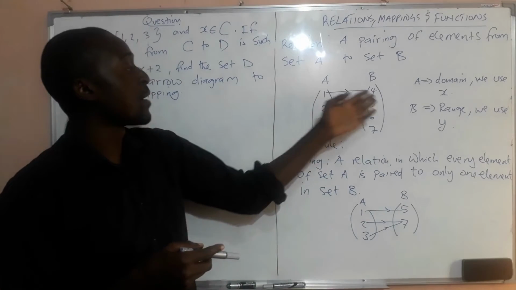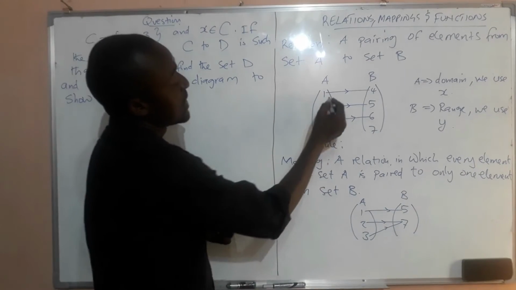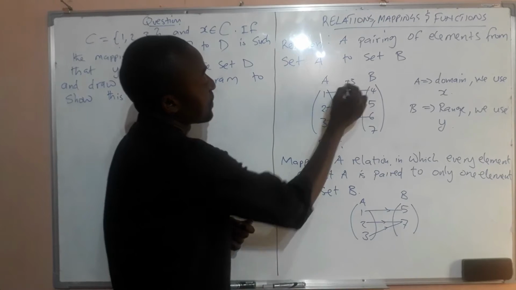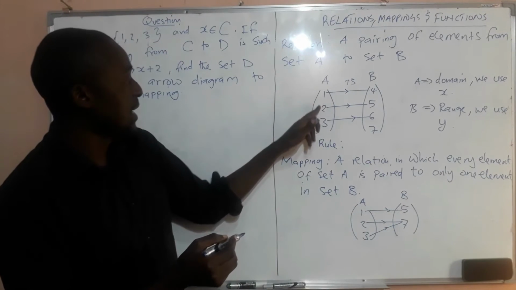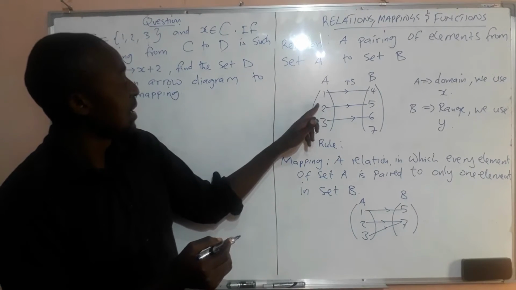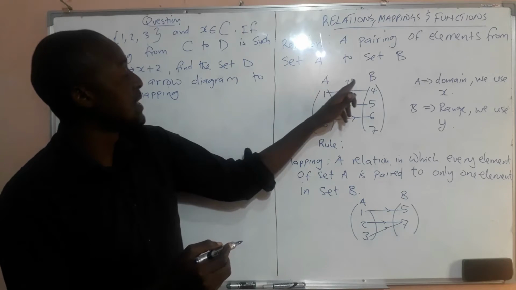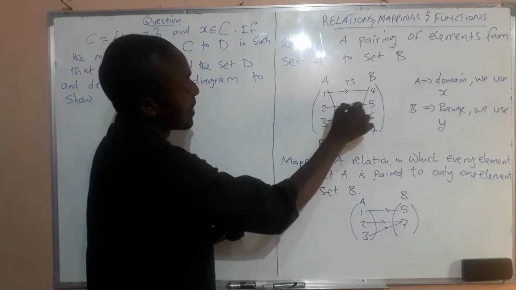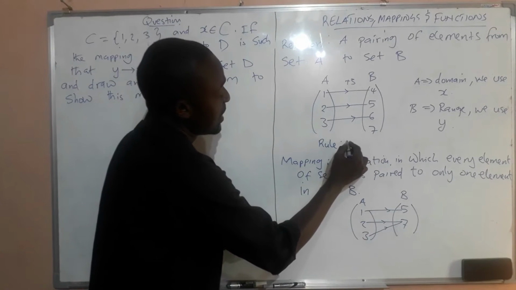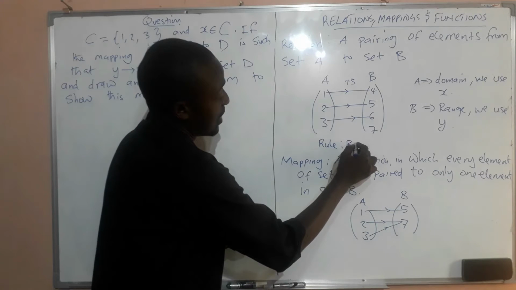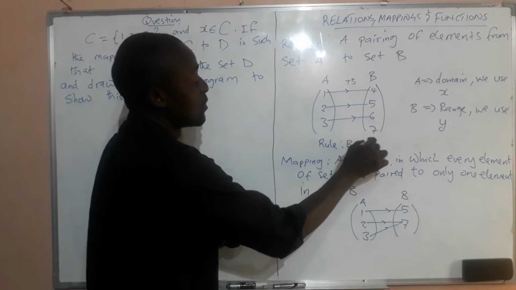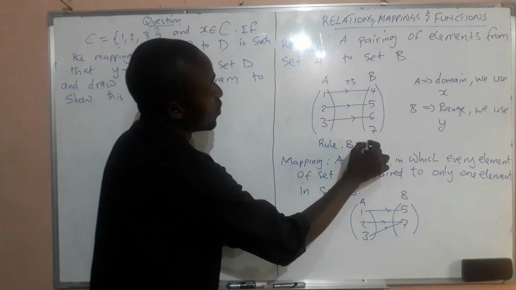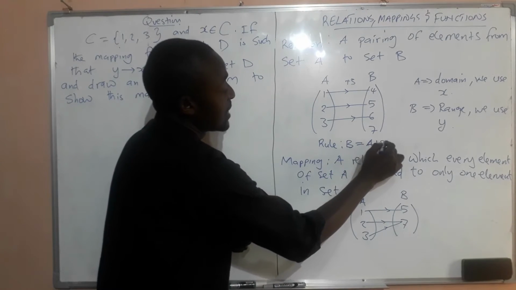So the rule that we are using here, you can see that we are adding 3. So here the values of A, 1, 2 and 3, we are adding 3 to get the values there. So the rule would be, B is equal to, or you can even use an arrow there, A plus 3.